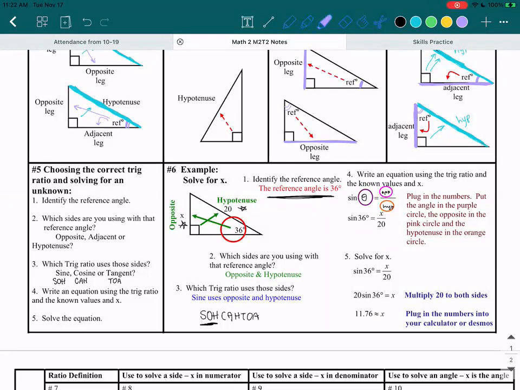Let me highlight where everything came from. The 36 degrees was our reference angle. The opposite side is the side opposite your reference angle, so it's the x in this case. The hypotenuse was 20 because it's the longest side of the right triangle. So sine of 36 degrees is equal to x over 20.